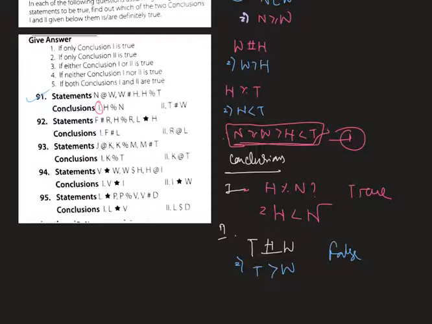So only conclusion 1 is true. Therefore from the given options we can say that conclusion 1 is true, that is option 1.